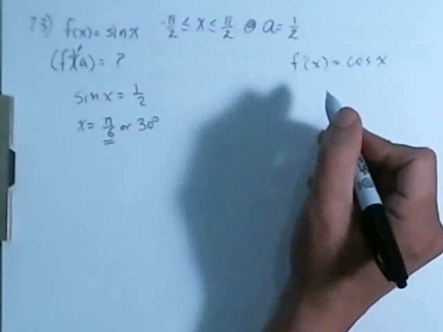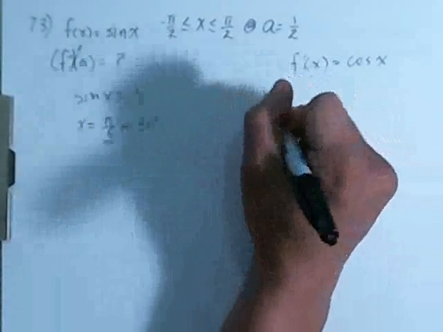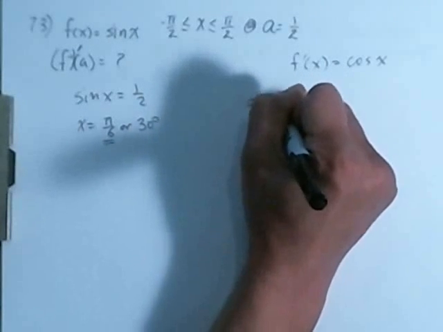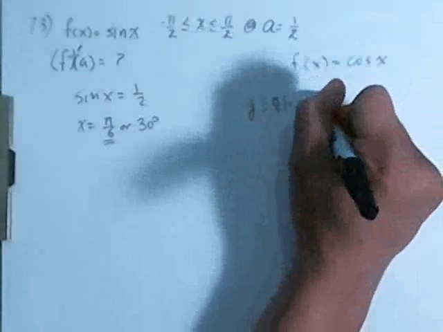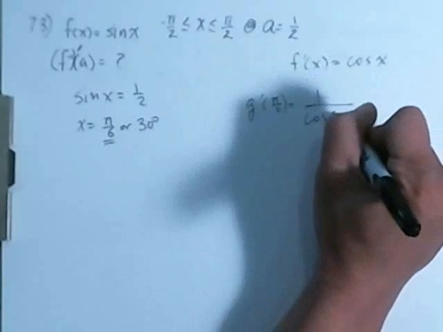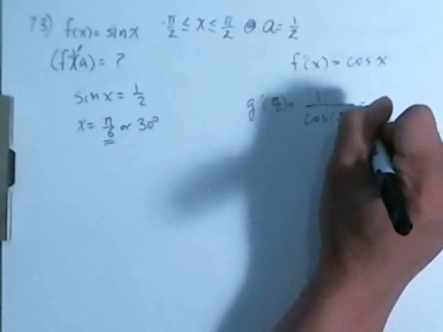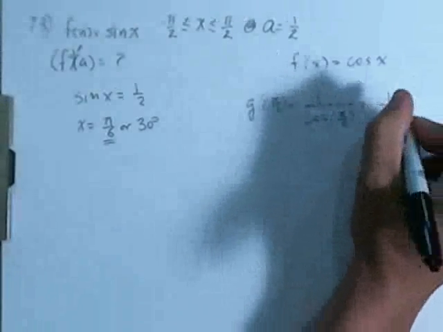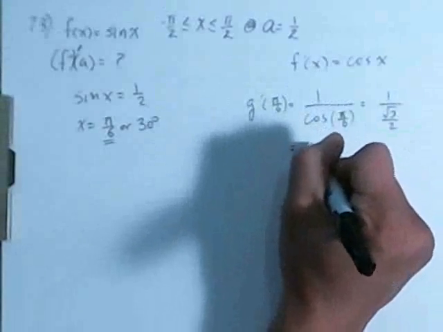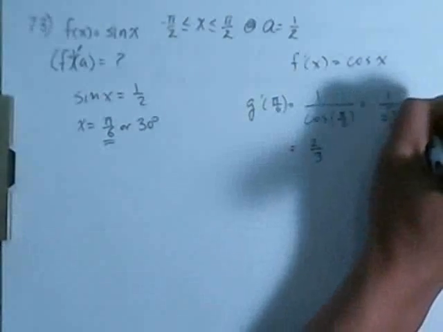So g prime of pi over 6 is equal to 1 over the cosine of pi over 6. Cosine of pi over 6 is root 3 over 2, so it becomes 2 over root 3 because we multiply by the reciprocal.